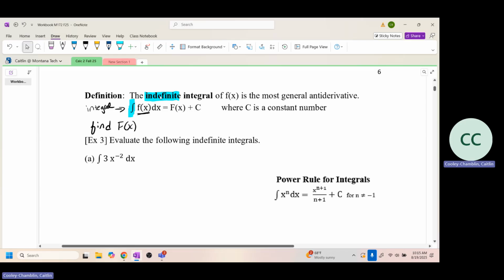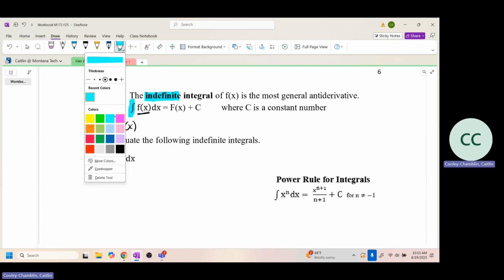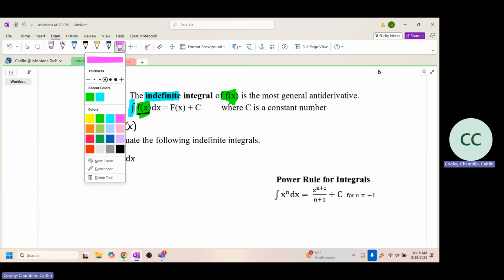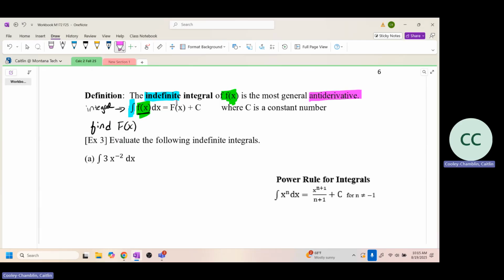That's what this top part is saying: the indefinite integral of f of x, whatever function is here, is the most general antiderivative. So we said the antiderivative was capital F of x.